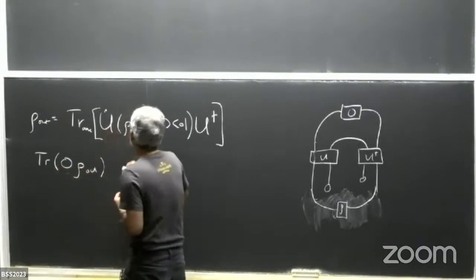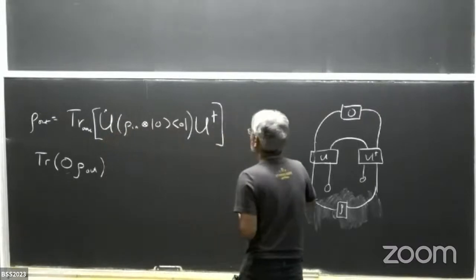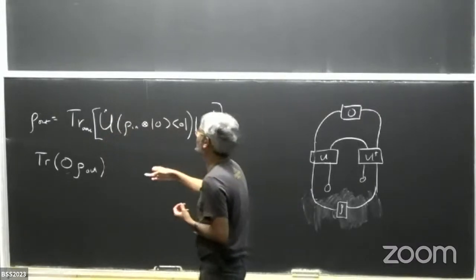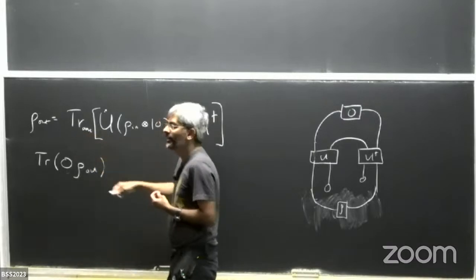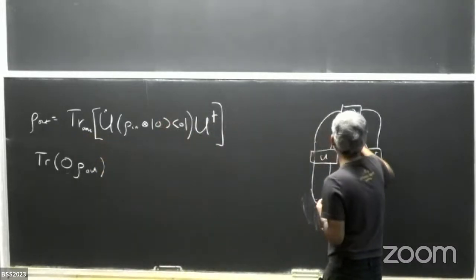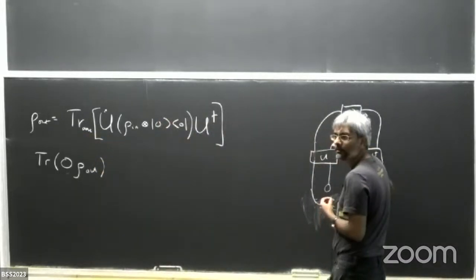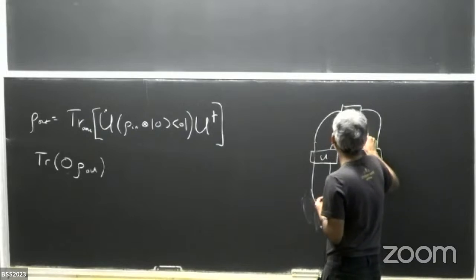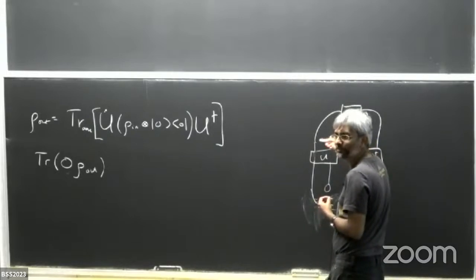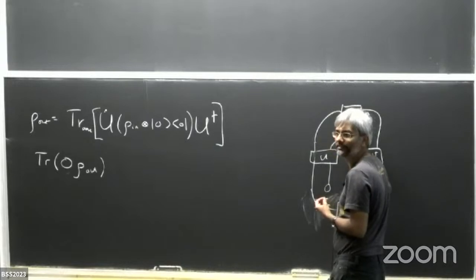If I wanted to write this out as a Krauss operator, instead of tracing it out like this, I would break this leg in some basis, and instead of performing the trace, I would explicitly write the trace as a sum over some basis.